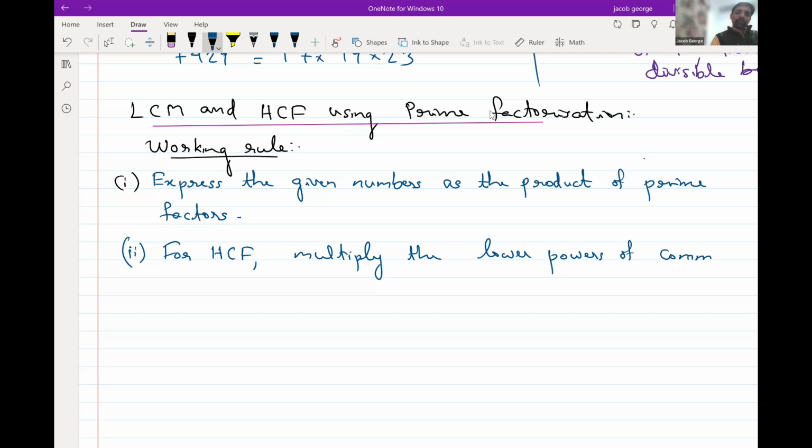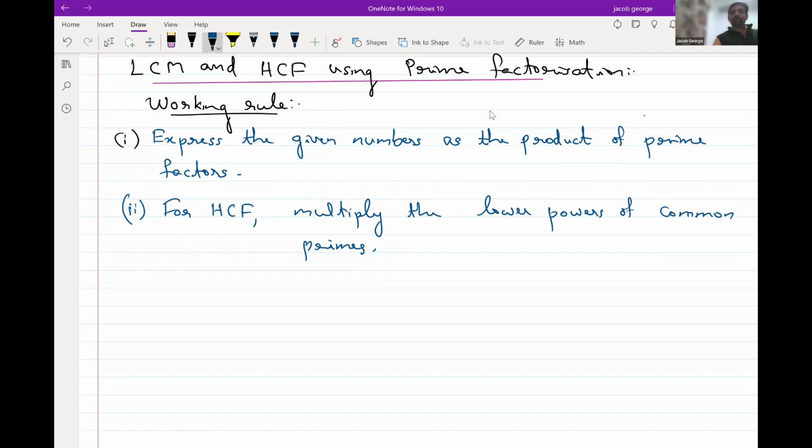Very, very important word, common primes. For HCF, multiply the lowest powers of common primes.